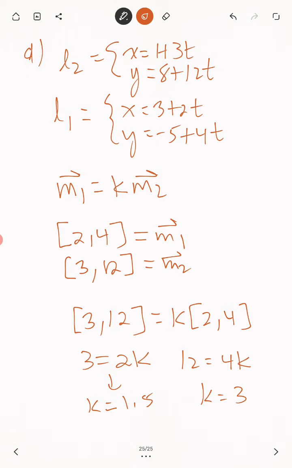So since they're not the same, there is no one parameter that would make these direction vectors scalar multiples of each other, and therefore they're not parallel.